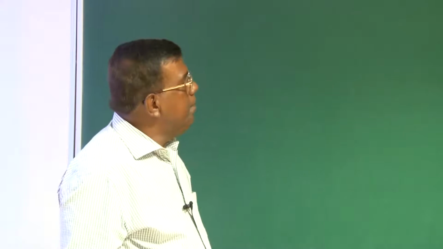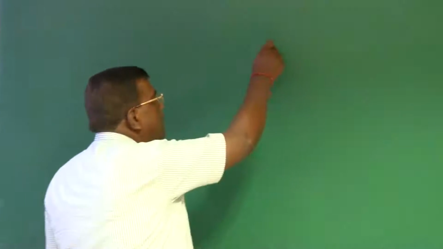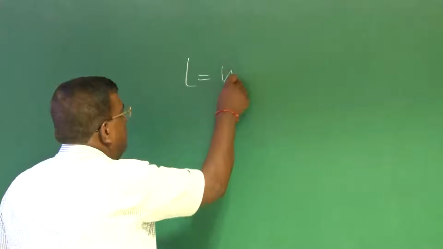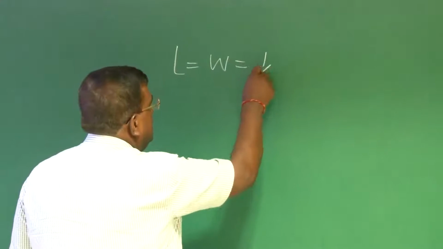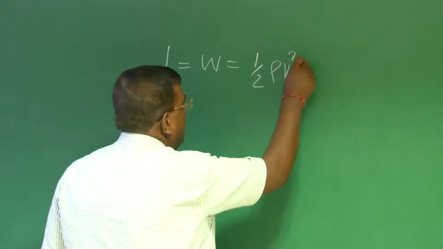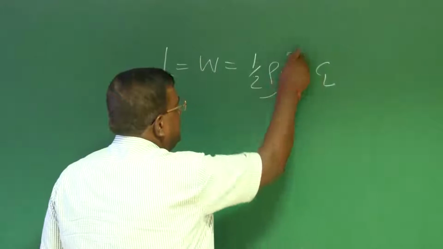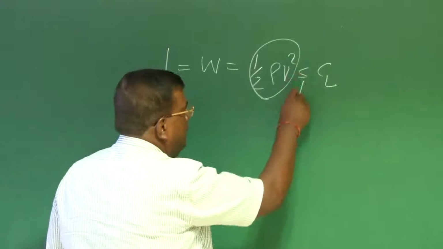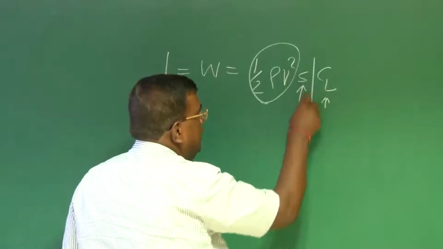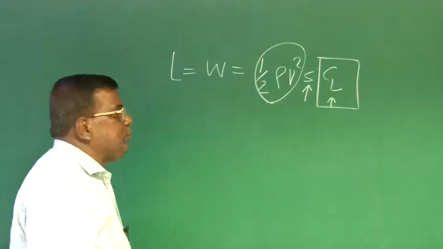We need not debate much on the importance of the aerofoil, because after all, lift, which has to be equal to weight for a cruise, is given as half rho V squared S CL. This is the dynamic pressure, this is the wing area, and this is the CL we are talking about.